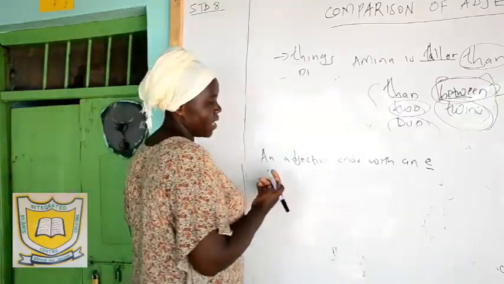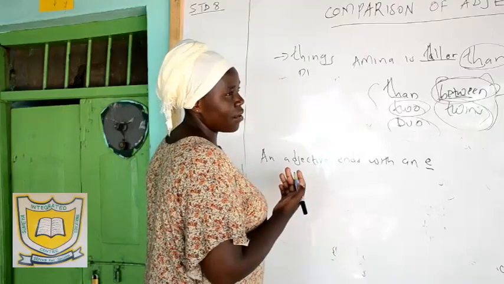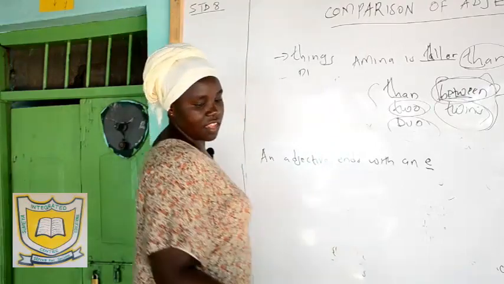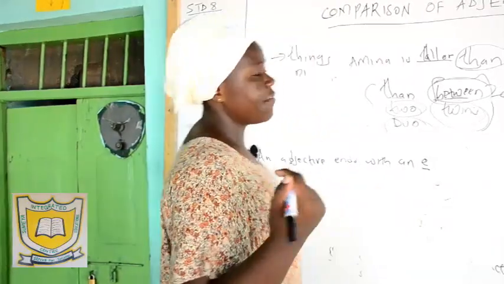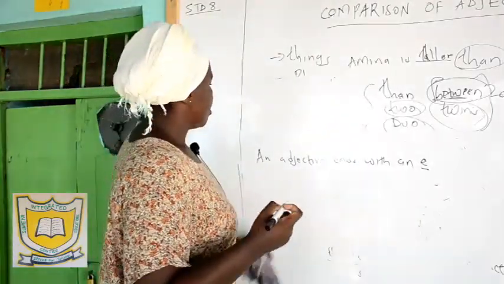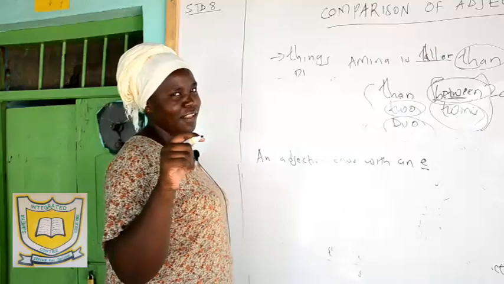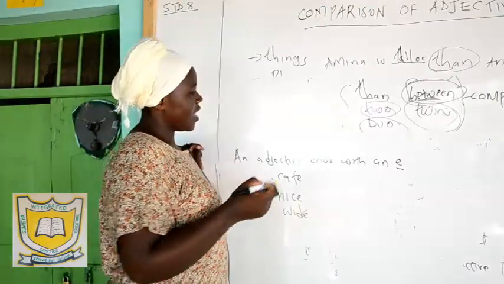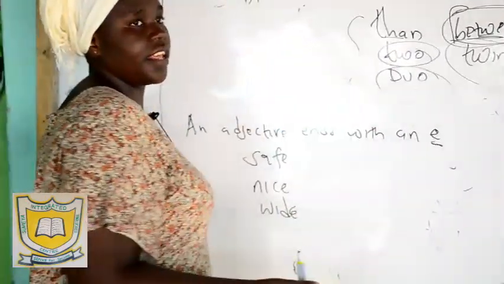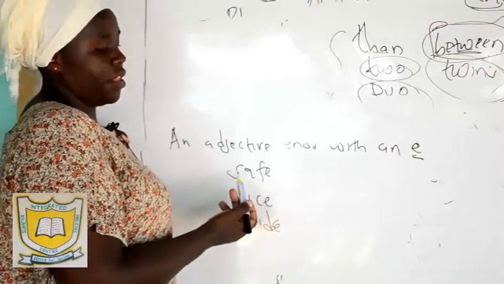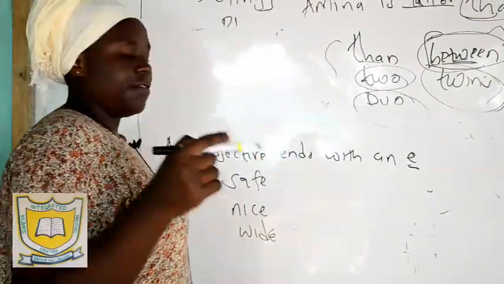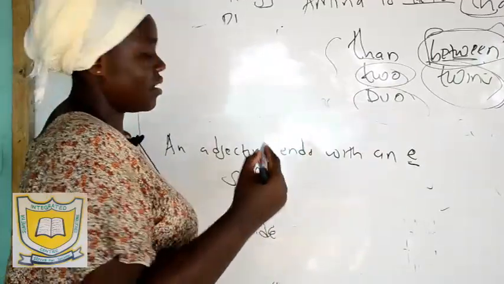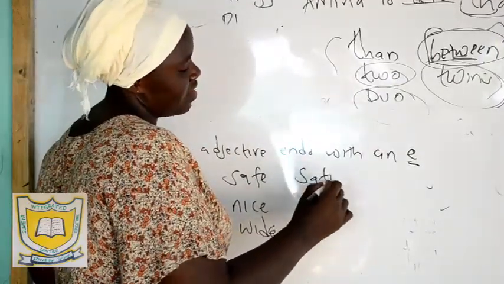This is what I mean. For example, if my adjective ends with an e, in the positive you have safe. So when you come to the comparative, you simply add an r. For example, it is going to be safer.